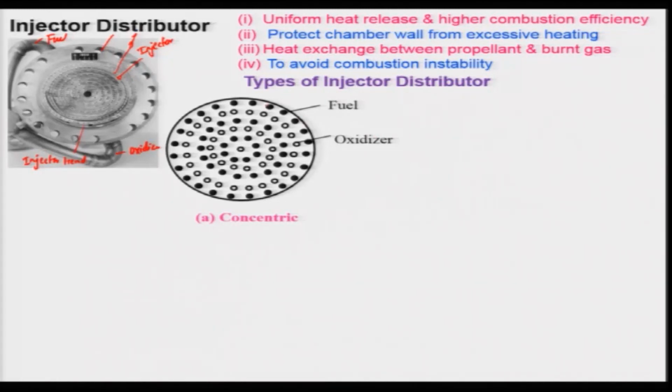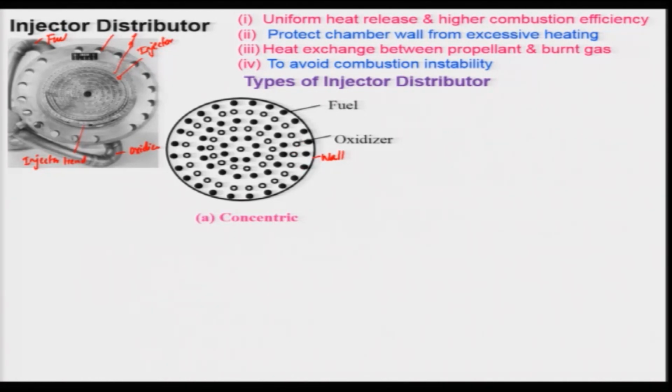As I told earlier, this last one is near the wall, and this is your wall. So, this is the fuel. Therefore, it is properly placed and it will not really erode the metal wall.